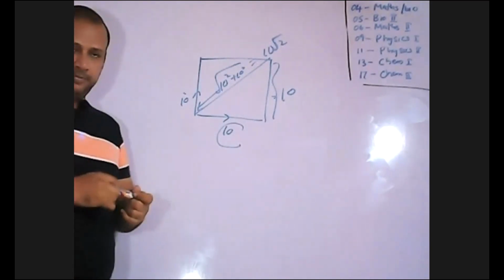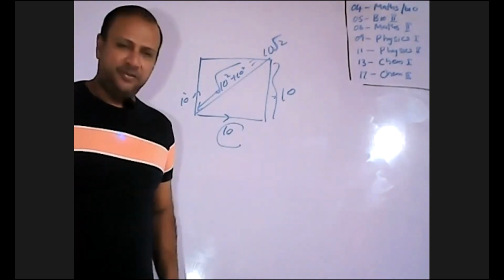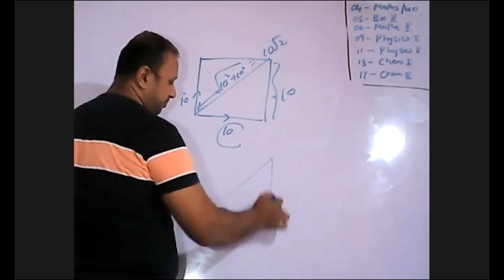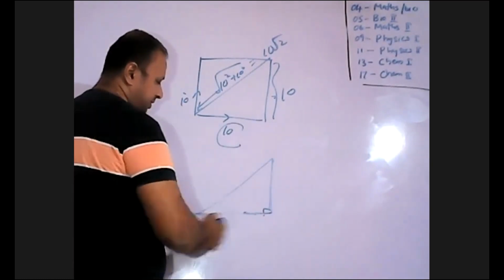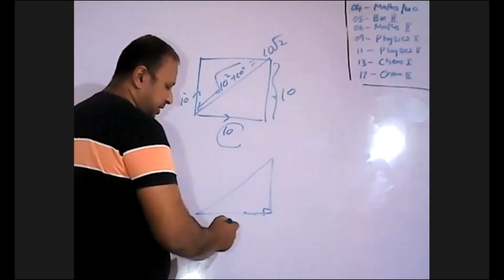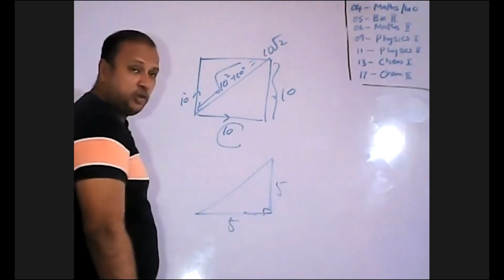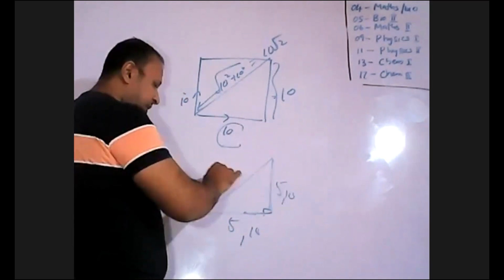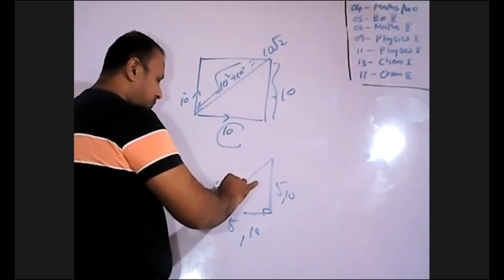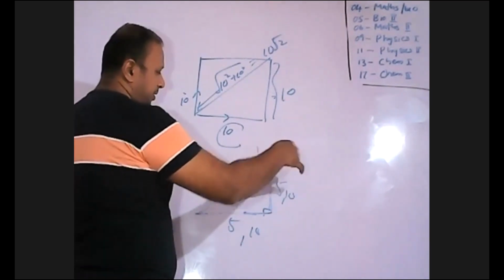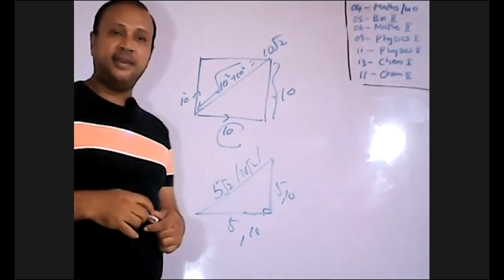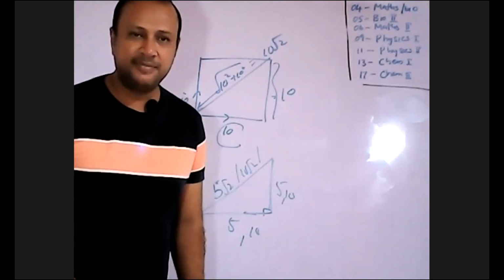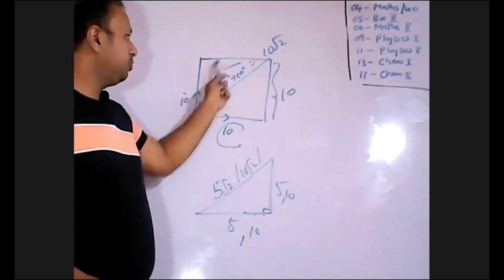Normally, if there are two sides equal to each other, suppose 5 and 5, then 10 and 10, then the hypotenuse is 5 times root 2 or 10 times root 2, or any other length times root 2. So if it is a square, this should be 10 times root 2.